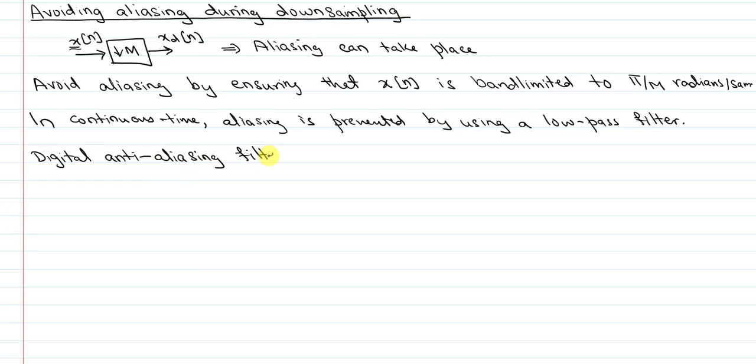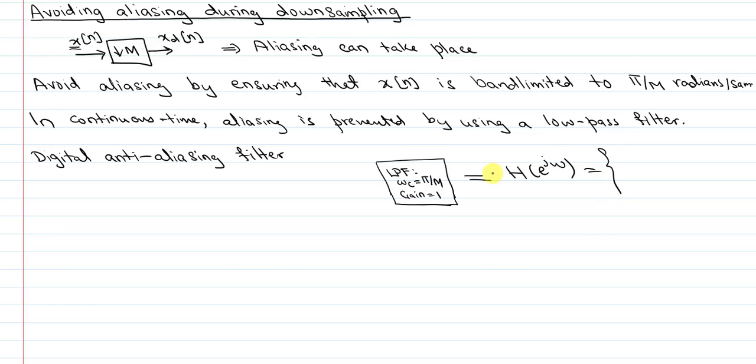That filter is again a low pass filter, with cutoff of pi over M and gain equal to 1. So we have a Fourier transform H(e^{jω}) which is 1 for all frequencies between 0 and pi over M, and 0 for frequencies between pi over M and pi.